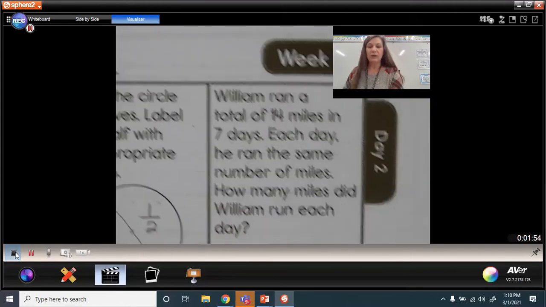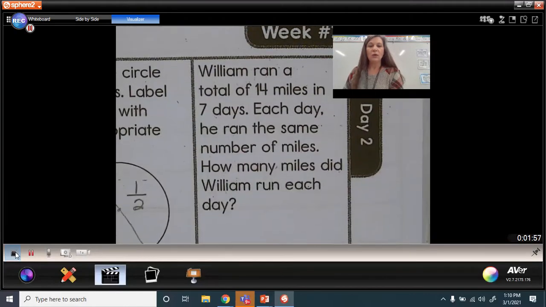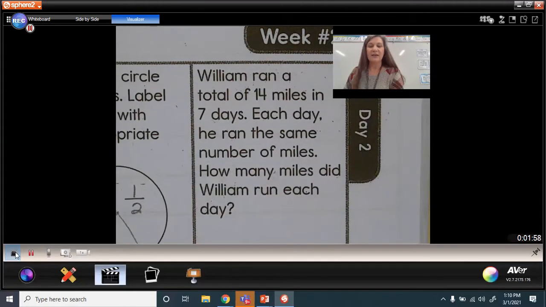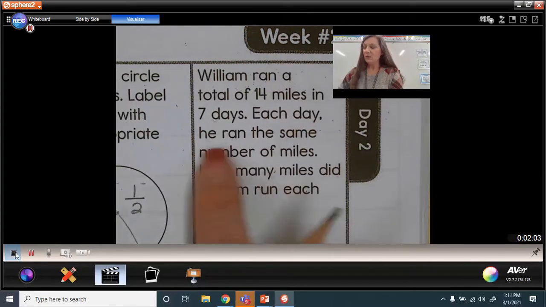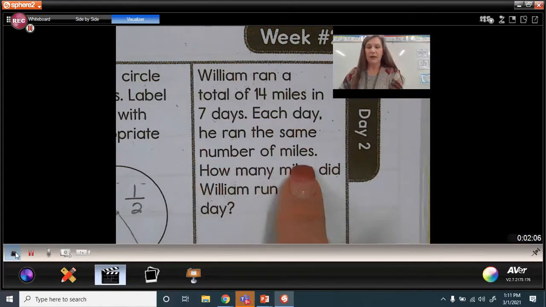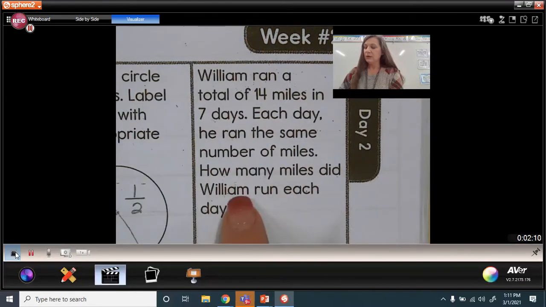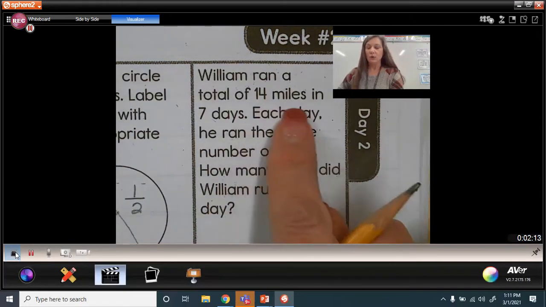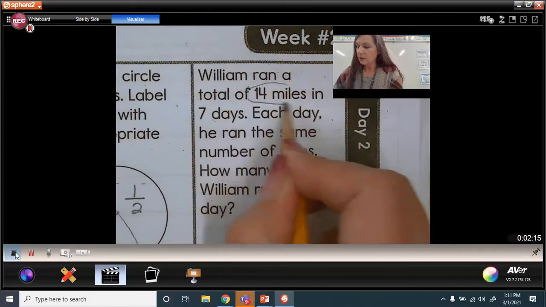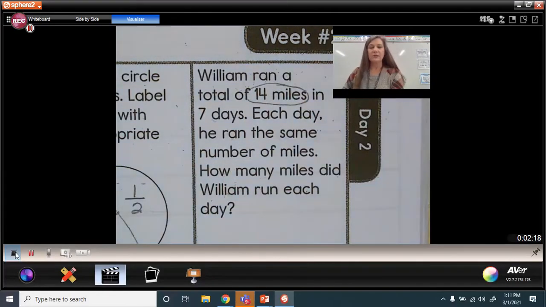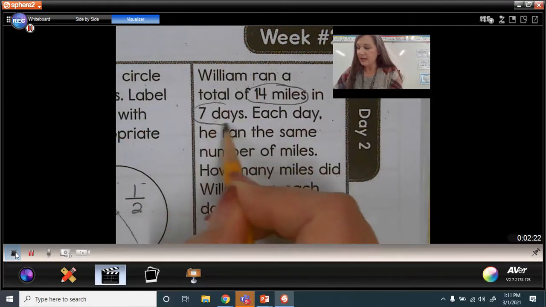It says William ran a total of 14 miles in 7 days. Each day, he ran the same number of miles. How many miles did William run each day? So we know our total. There's a total of 14 miles that he ran over the 7 days.